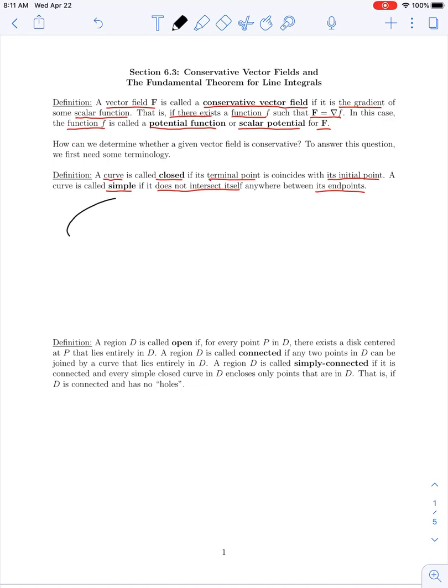If we considered a plane curve C, which looks like the following. Let's say it's traversed in a counterclockwise direction, where our initial point, this point that we start, ends up being the same as the terminal point. So let's call this the initial / terminal point. This would be an example of a closed curve, since the initial point is the same as the terminal point.